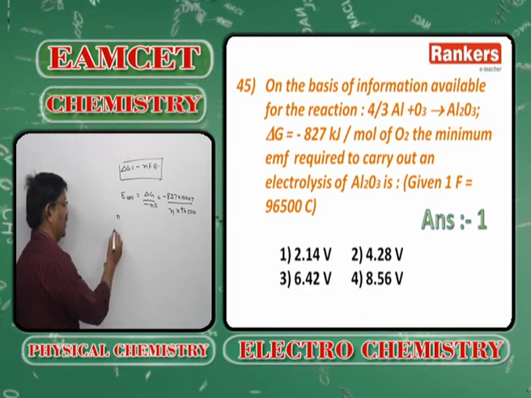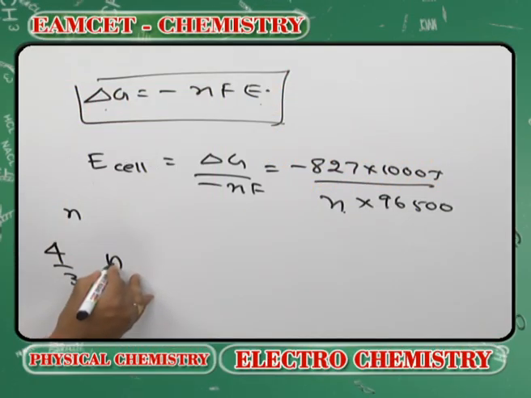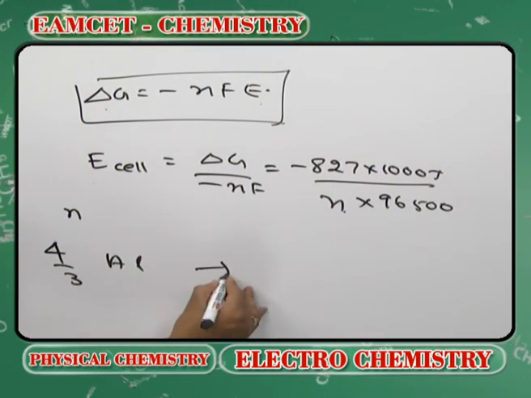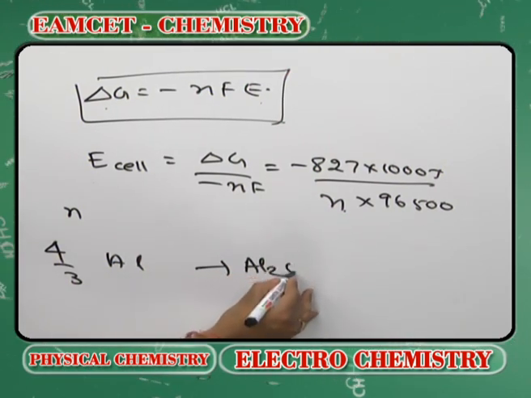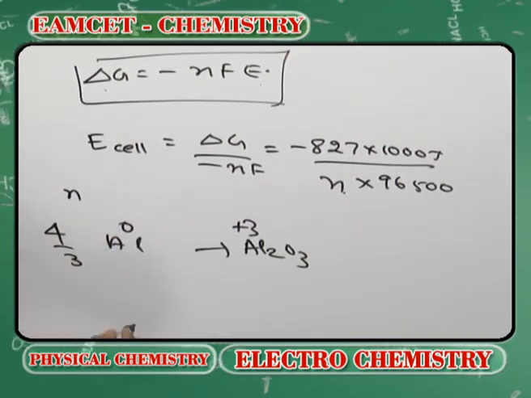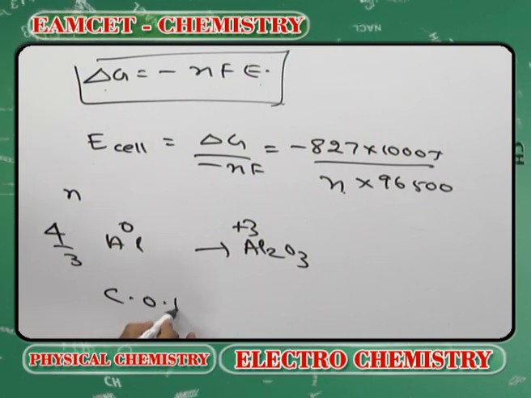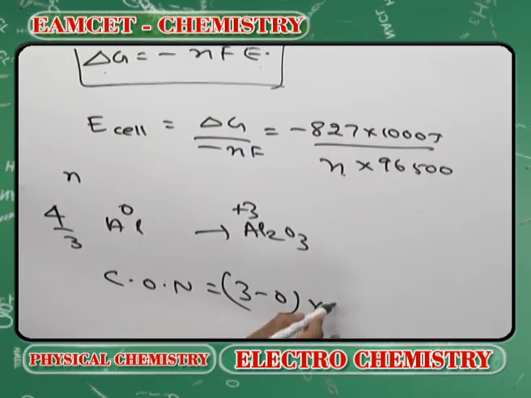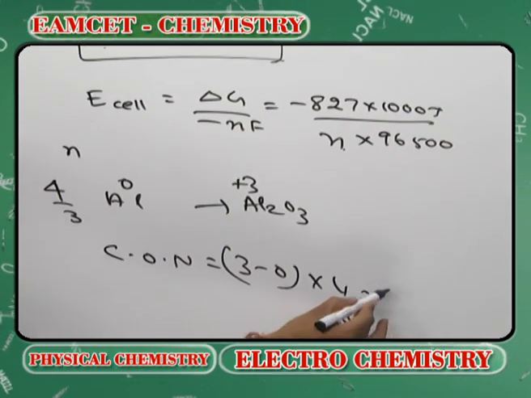4 by 3 Al is giving rise to Al2O3. What is the change in the oxidation number? Here plus 3, here 0. So the change in the oxidation number is equal to 3 minus 0, into 4 by 3, which is equal to 4.